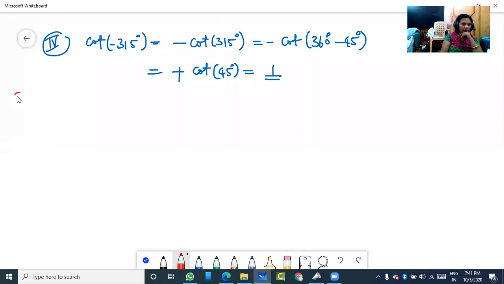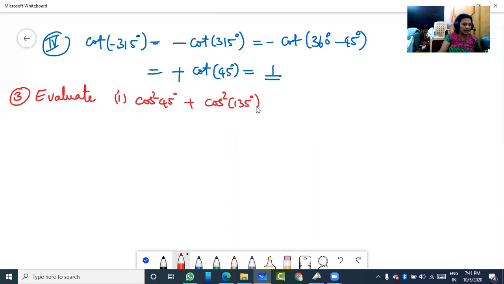Next question, third one. Evaluate. First one, cos square 45 degrees plus cos square 135 degrees plus cos square 225 degrees plus cos square 315 degrees.